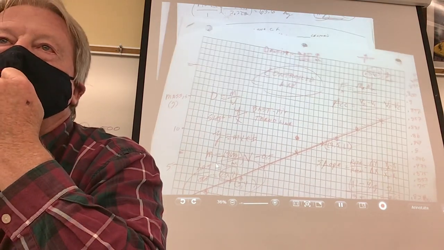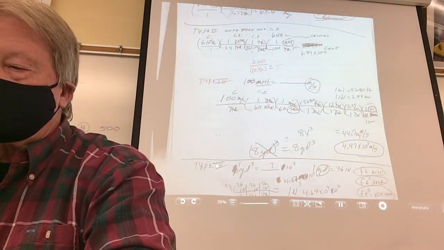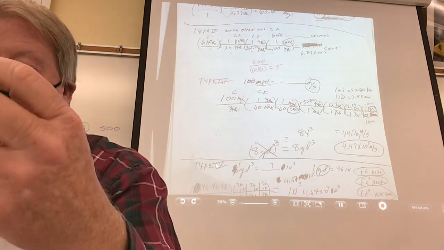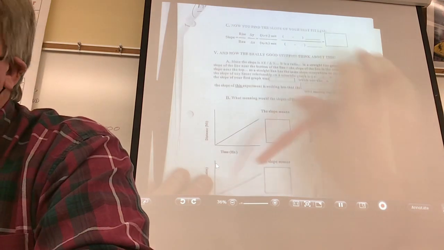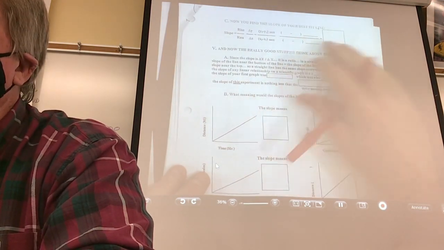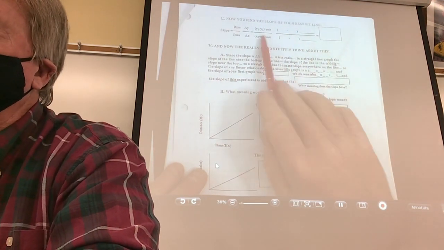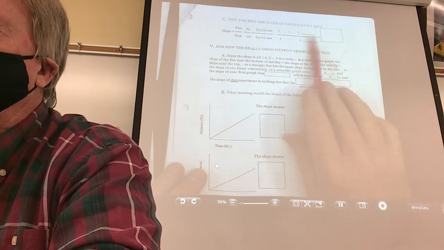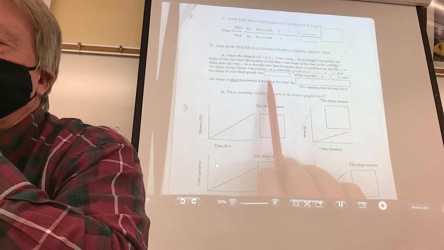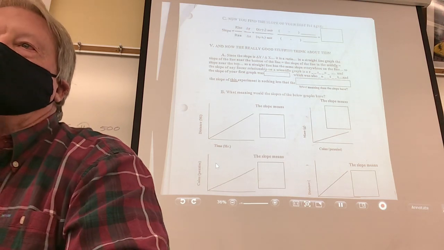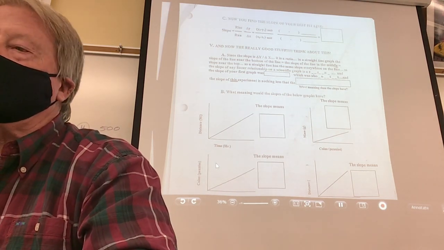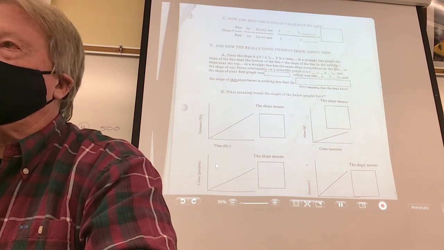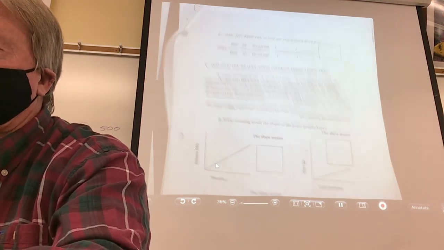Does everybody get this? All right, now what I'm going to do is spend just a little bit of time here with this. And by the way, you can fill this out. I'm not grading it, but you can read this and some of the stuff we just did in class. That's how you find the slope. And what I want to know, and again, I know you guys are more advanced, but I can't help thinking there has to be some of you in here that still might not catch on to this other thing I'm going to do here.